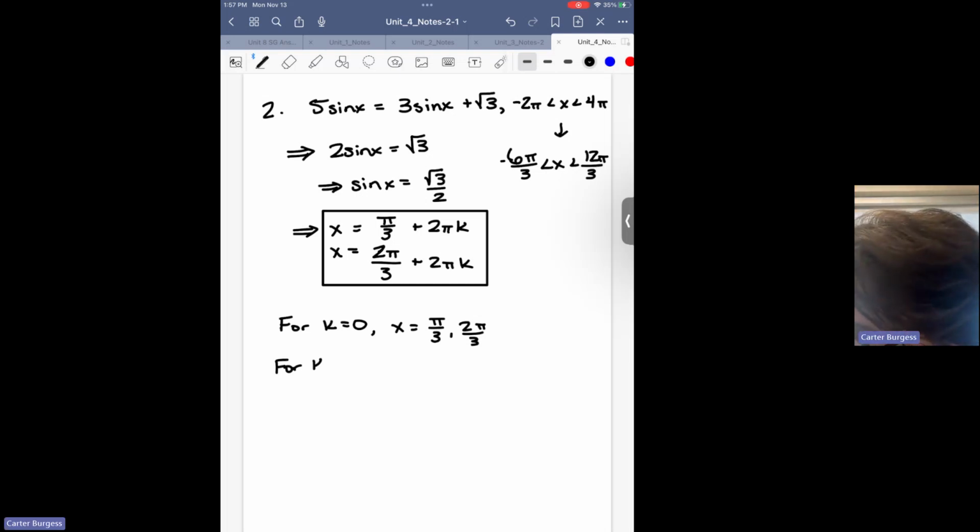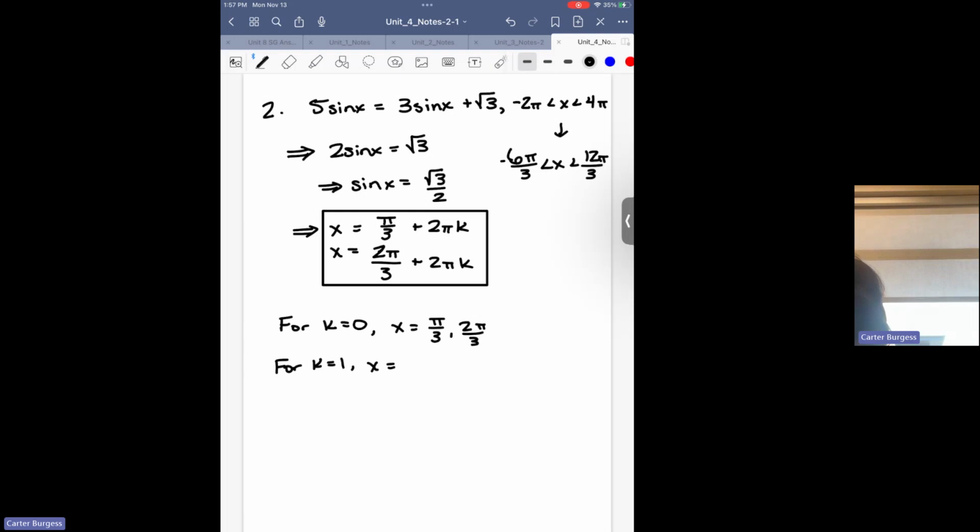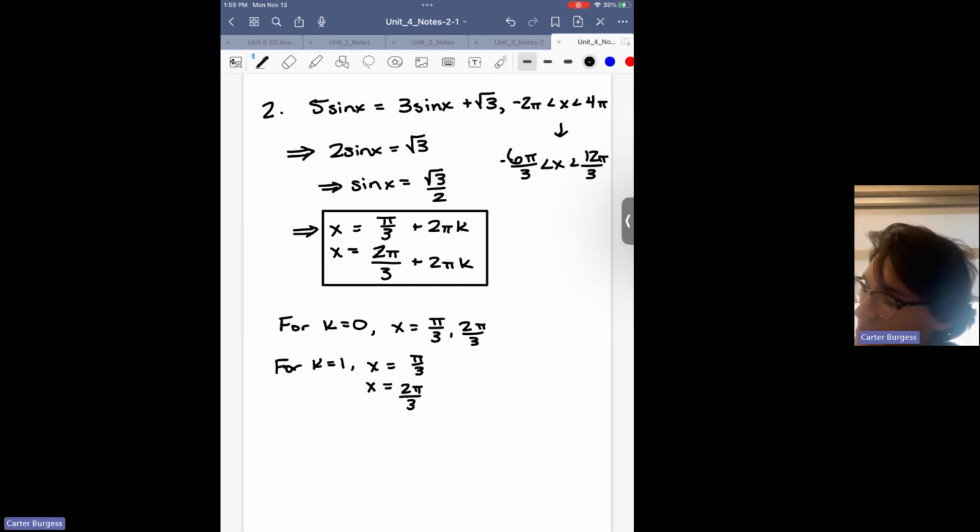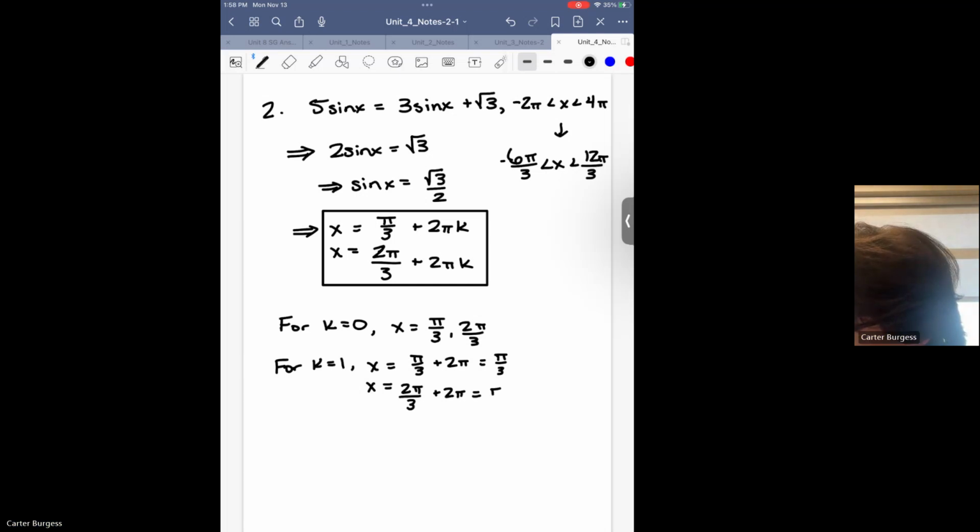Let's check what's going on at k equals 1. What are my two values of x? What do I do to these two values of x here? So we're taking pi over 3, we're taking 2 pi over 3, and we are adding 2 pi. What's maybe a more convenient way to say that we are adding 2 pi? I like adding 6 pi over 3.